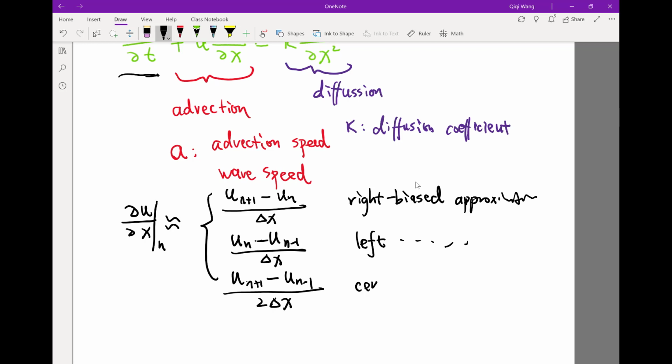So this is a centered approximation. Usually you also see people talk about schemes. That's basically what approximation is used here. You can say this is a right biased scheme, a left biased scheme, or a central, or centered, scheme.